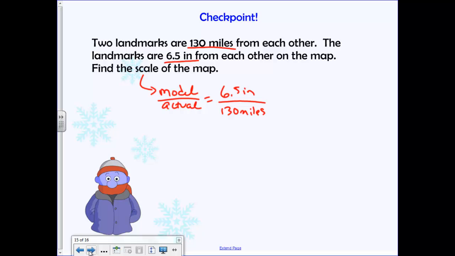How do we get it down to 1? Divide by 6.5. There we go. If I do it to the top, we've got to do it to the bottom to keep everything equal. 20 miles. So this is my scale, 1 inch for every 20 miles. Get it? Got it?